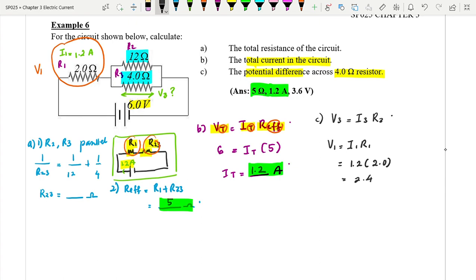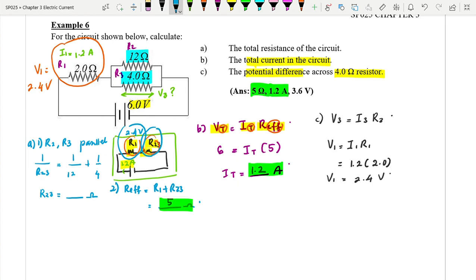Okay, 2.4 volt. So, itu adalah V1. So, bila kita dah dapat dah nilai V1, which is 2.4 volt dekat sini. Okay, kita dah ada. Okay, so, kita labelkan sikit. So, should be 2.4 volt untuk V1. Okay, di bahagian sini dah 2.4.